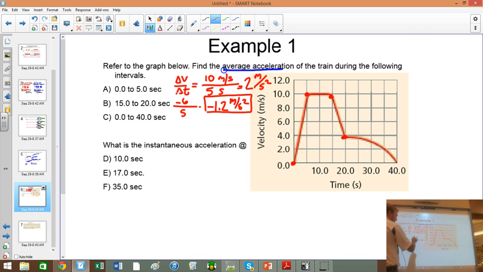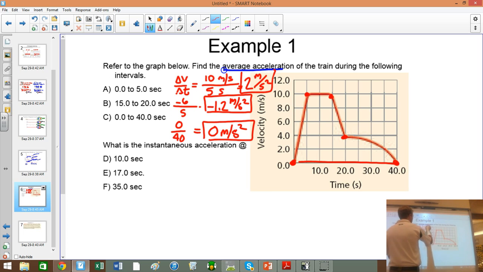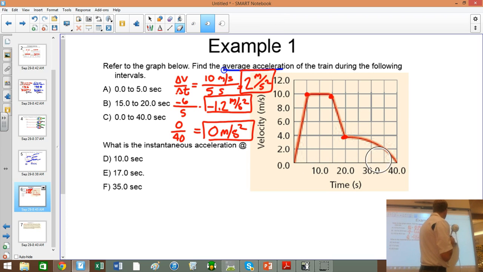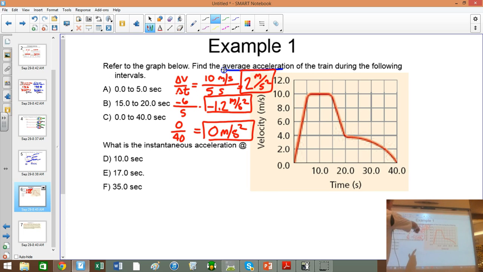And so 0 to 40, I start here, I end here. My change in velocity is 0, over 40 seconds. That's 0 meters per second per second. Now I'm ignoring a little bit of significant figure stuff here just for the sake of understanding this. But everything probably should have, looks like, 2 significant figures. So 2.0 for this one.